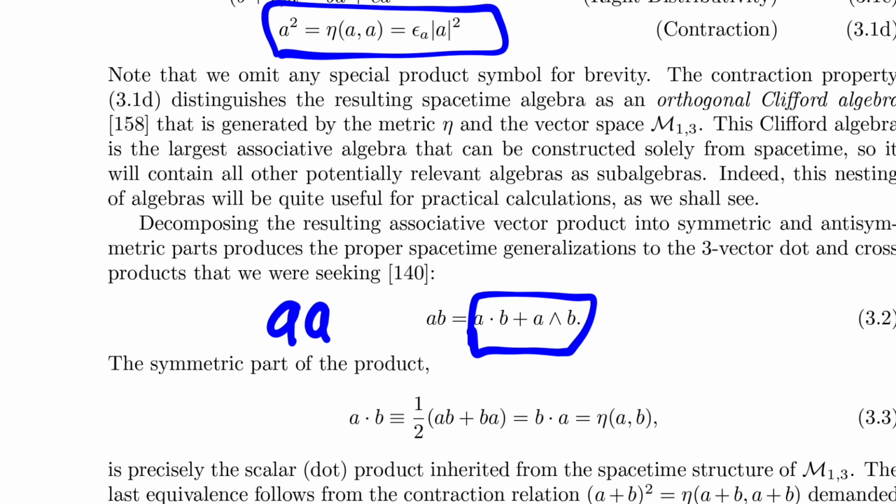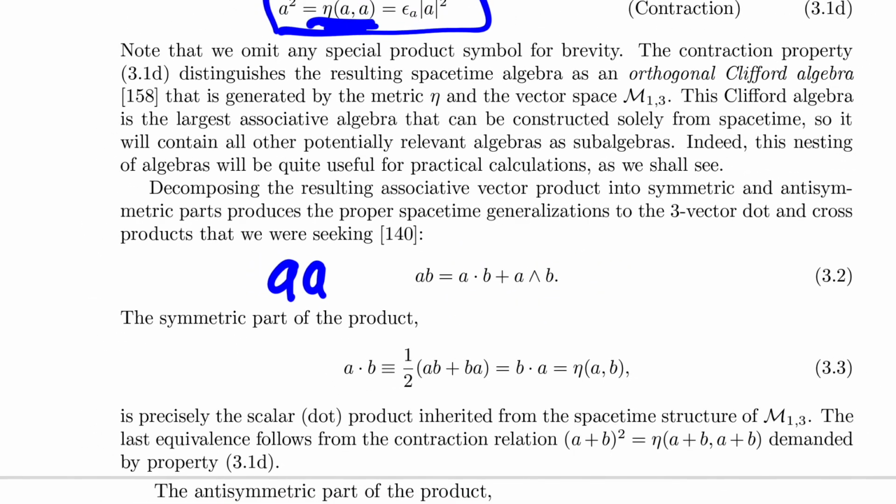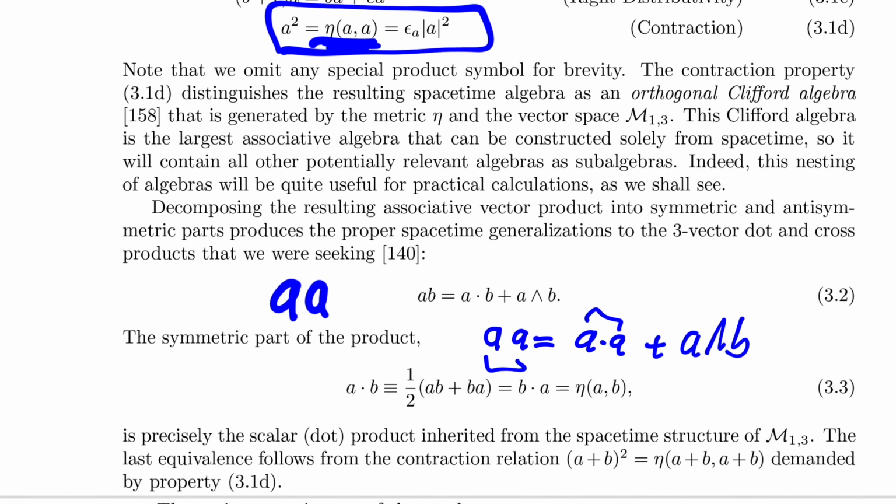So if we're dealing with AA, we're expecting AA to be the spacetime contraction, the Minkowski contraction of A with itself, which, based on this formula here, we would write as AA equals A dot A plus A wedge A. But AA and A dot A by the axiom are the same thing, right? So this would have to be 0.